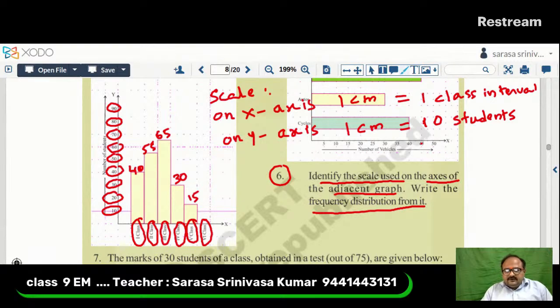So observe the table. First class 40, second class 55, third class 65, fourth class 30, fifth class 15. Next sixth class is 0.